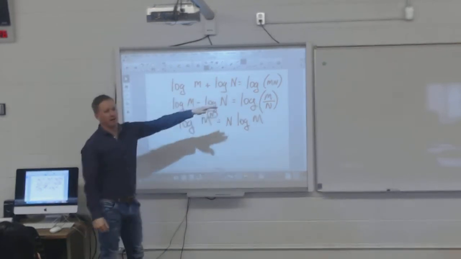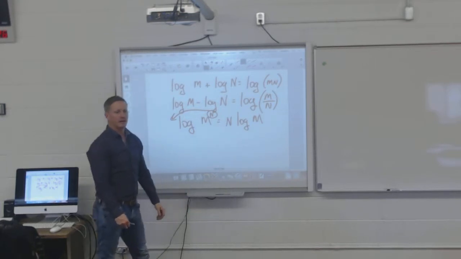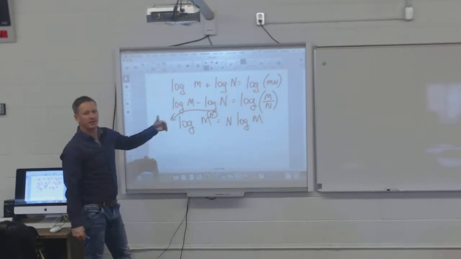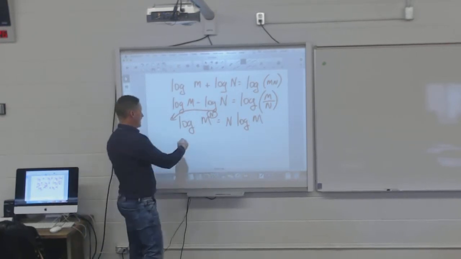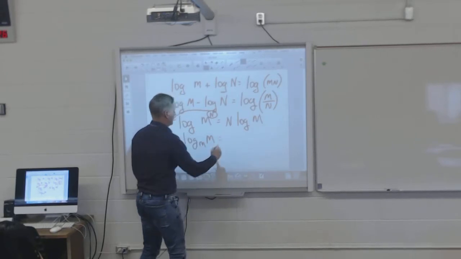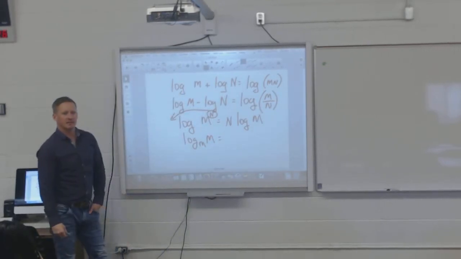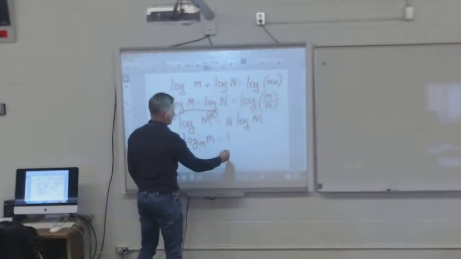Now I'm doing this in one direction. You need to be able to do it working backwards as well. Identify it. So all of 8.3 is just fiddling with this as well. And then the last two that we do: the log of m to the base m is equal to what? 1.